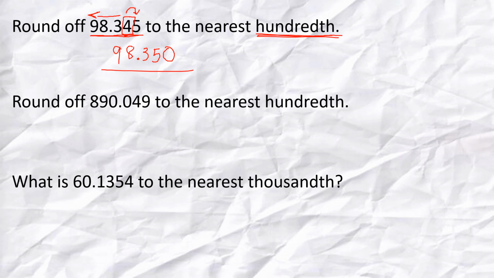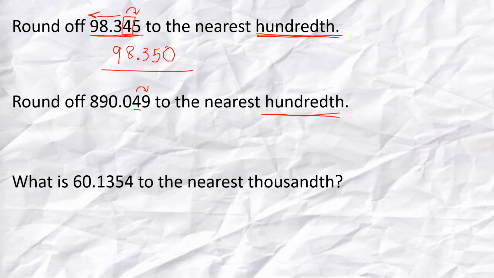For the second one, we have to round off 890 and 49 thousandths to the nearest hundredth. So again, identify the digit that is in the place value that you are rounding off. In this case, that digit is the digit 4. On its right, it's the digit 9. So in the rule, you have to round up since the digit is more than 5.